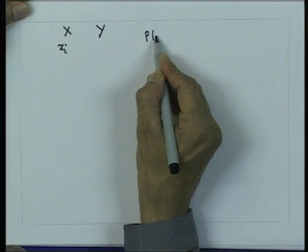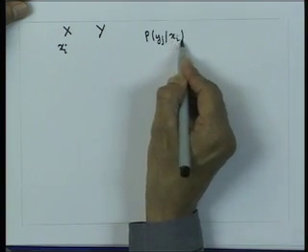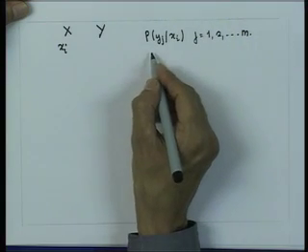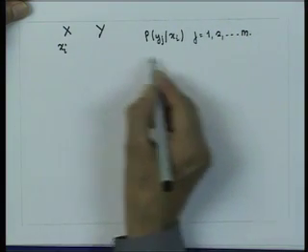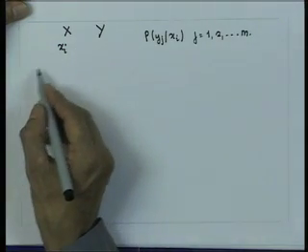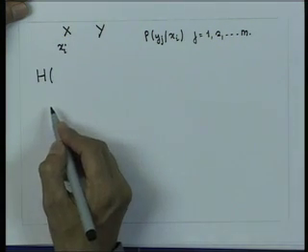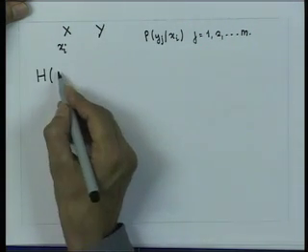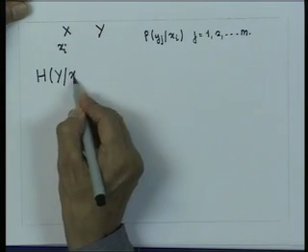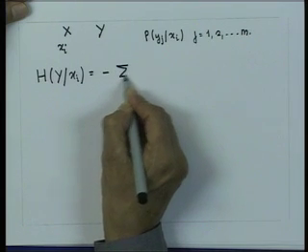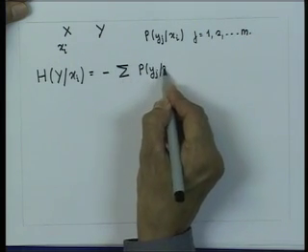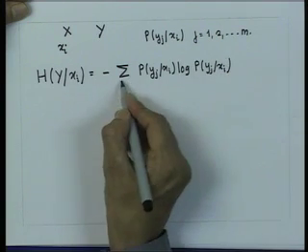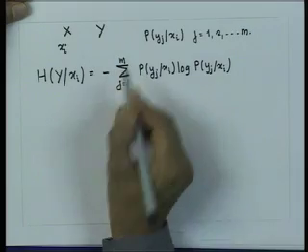Since we have been given conditional probabilities, let us calculate. By definition, the average information which I will get about the experiment y when xi has occurred would be given as H of y given xi, which is nothing but the sum over j equal to 1 to m of probability of yj given xi log of probability of yj given xi.